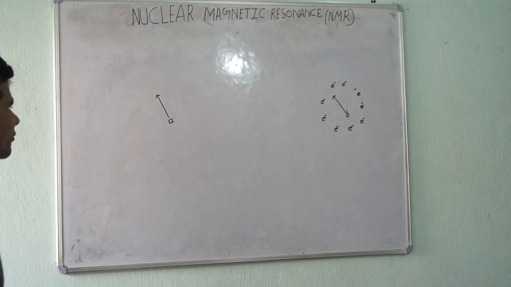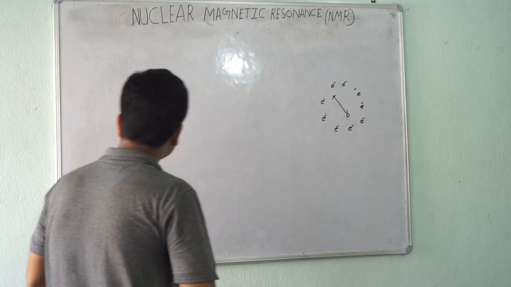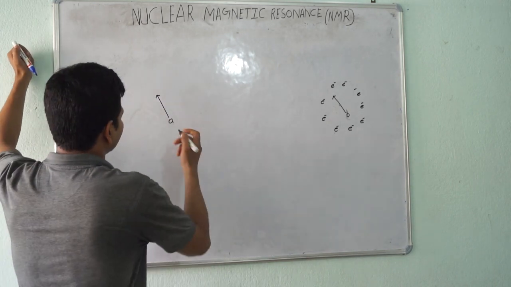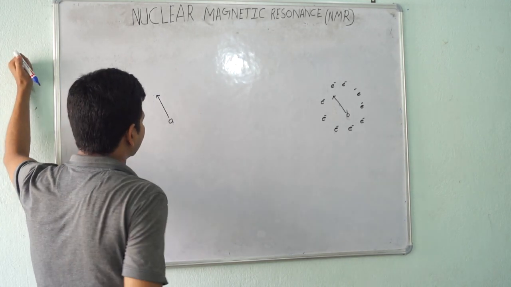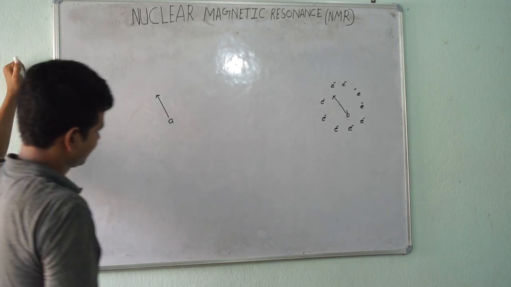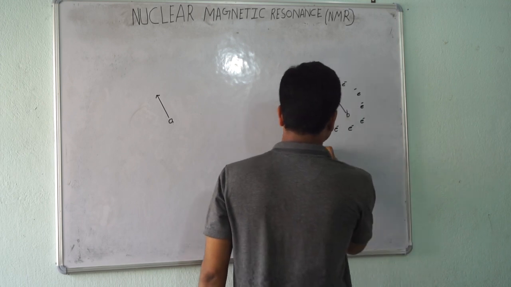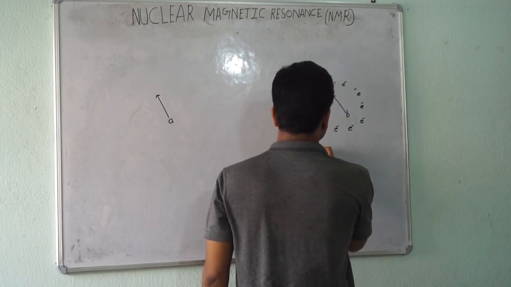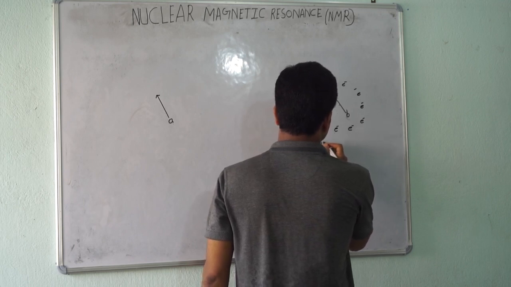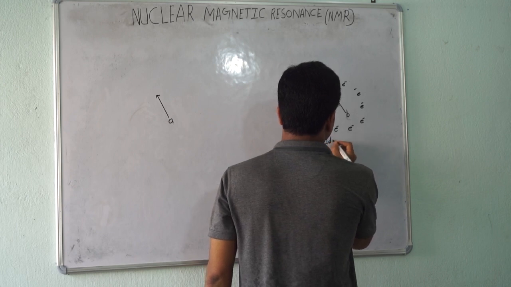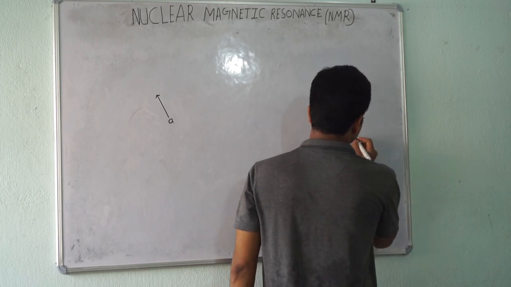One hydrogen atom is surrounded by many electrons, but the other hydrogen atom is not surrounded by electrons. The hydrogen atom which is surrounded by electrons is called shielded, diamagnetic shielding.